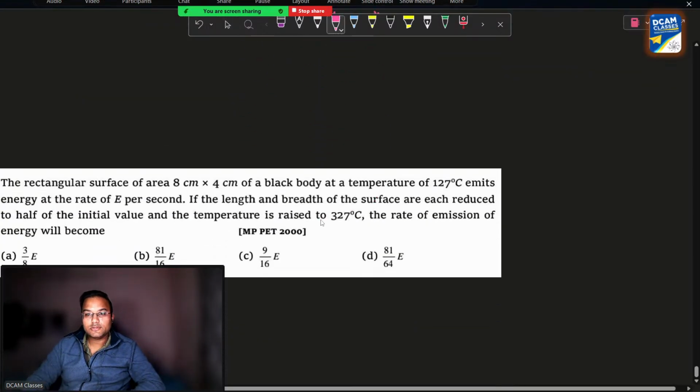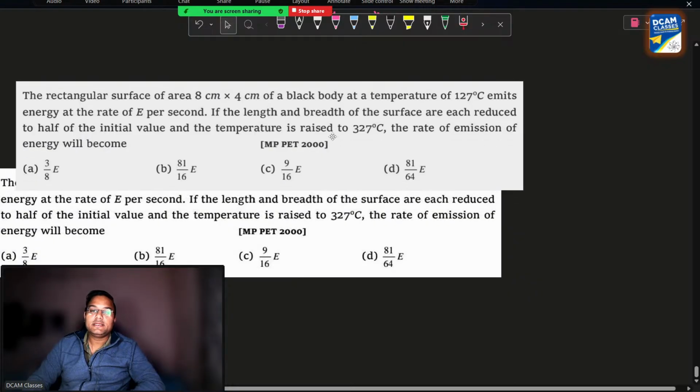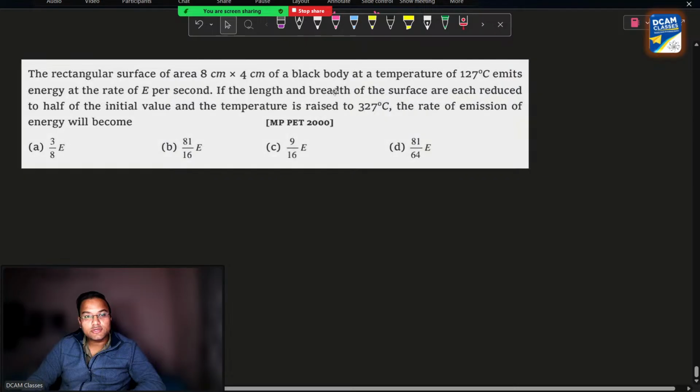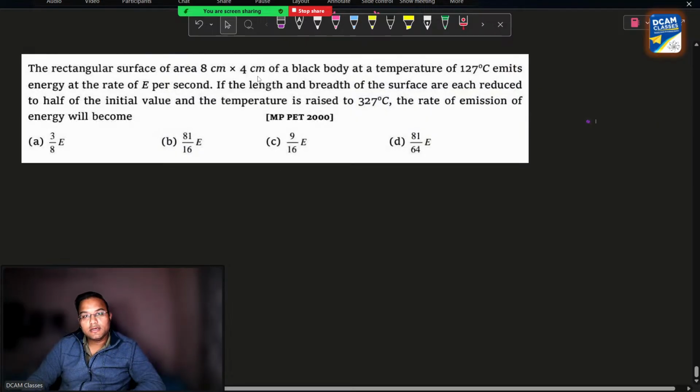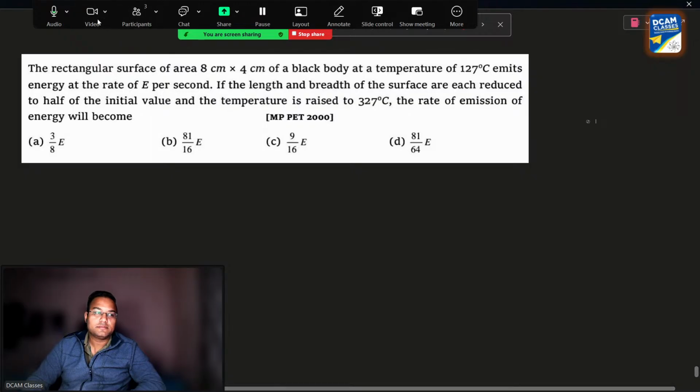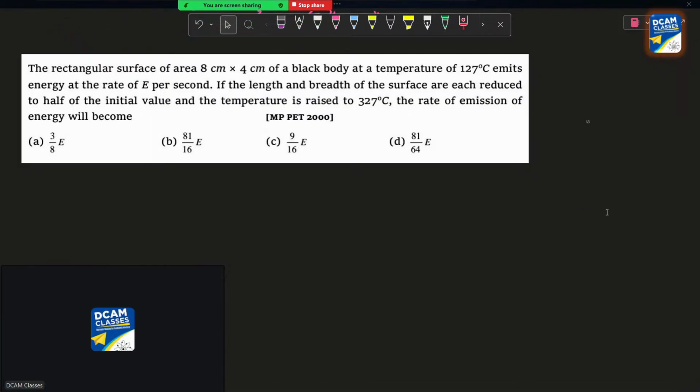Now try to solve this question. See, remember, these questions are actually very easy and I expect you to solve them in 1 minute. Not more than that. That should be your speed. Since you are JEE students, you should solve them very quickly. They are not tough.